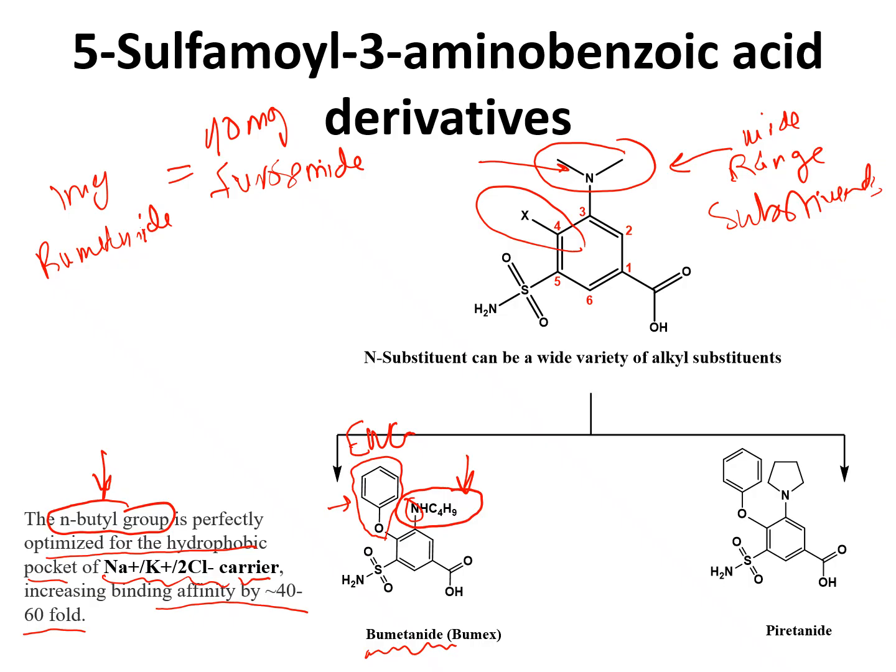So that slight change, that the nitrogen moved from the 2 position in furosemide to the 3 position in bumetanide, in addition to the butyl group on this structure, made this big difference. That is a very essential and important change.